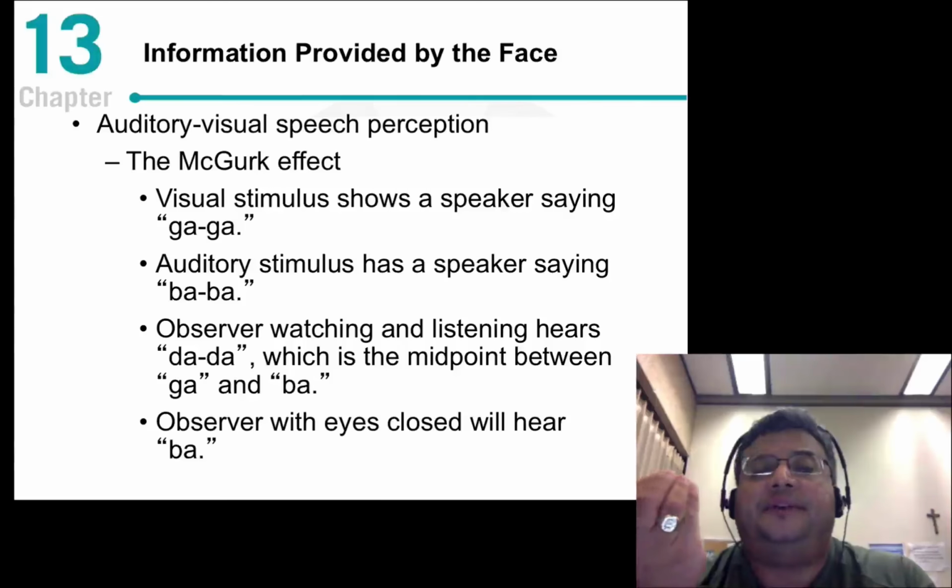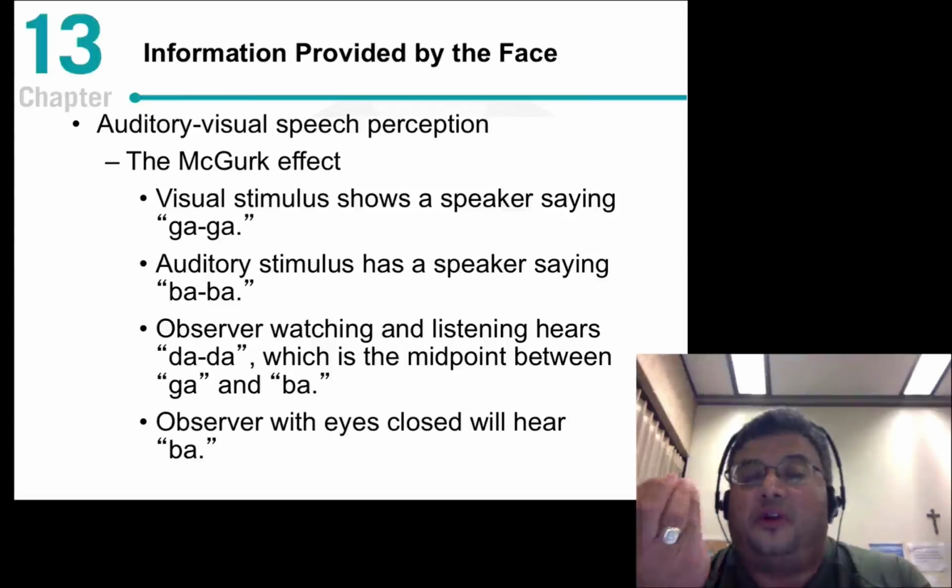This is really obvious when you are, for example, talking to somebody who is speaking a different language than you're used to, or perhaps a foreign speaker who is pronouncing things differently. We will tend to focus more on the face, particularly the movement of the mouth, to try to understand what's being said. This is really well demonstrated in a very famous effect called the McGurk effect.